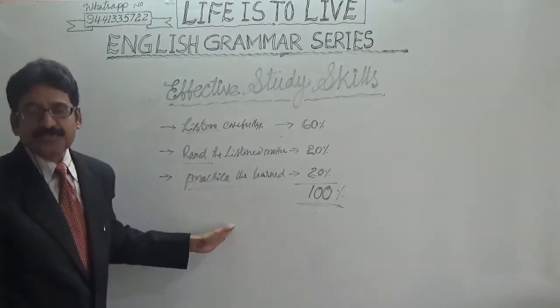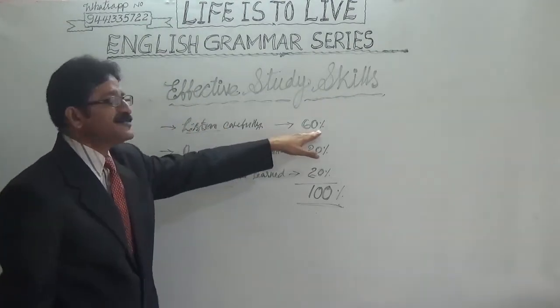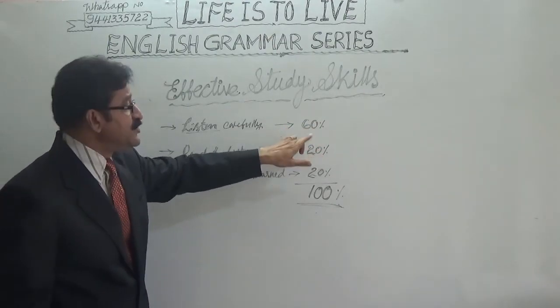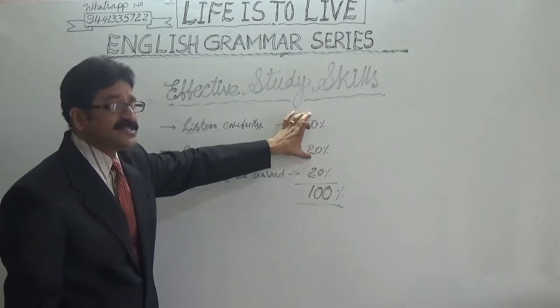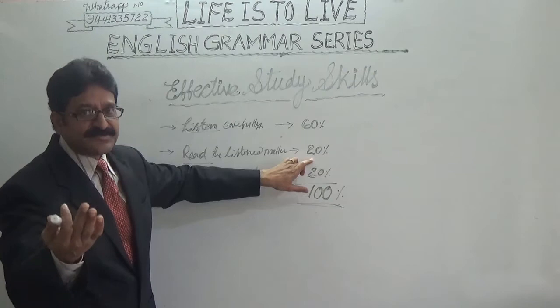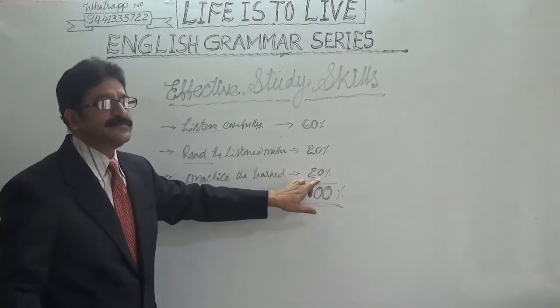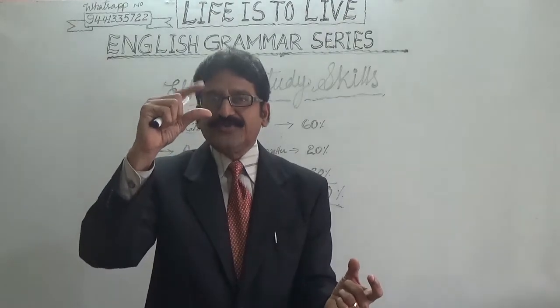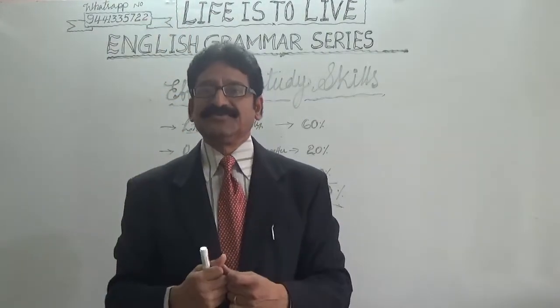While you are listening to your lecture in the classroom, you can extract 60%. When you read the same topic on the same day, you can extract another 20%, which makes 80. When you practice what you have learned systematically, that gives another 20%, that is 100%. That is the juice of your subject.